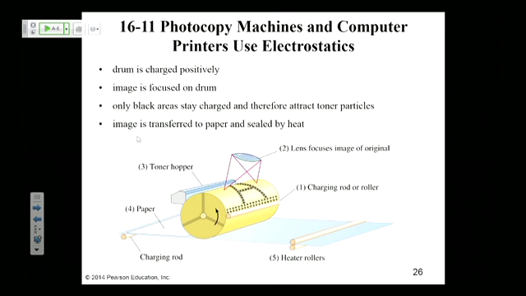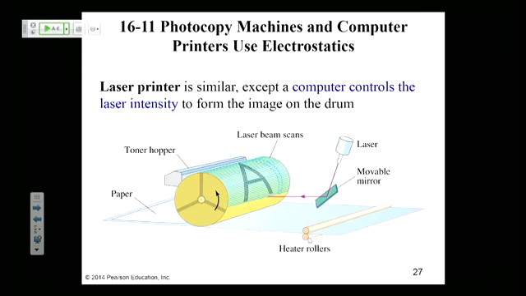So the image is transferred to paper and sealed by heat. So this is paper, and this is heater, such that the image that was deposited on paper will now stay there. For laser printers, it's the same thing, but now the beam of light is laser.